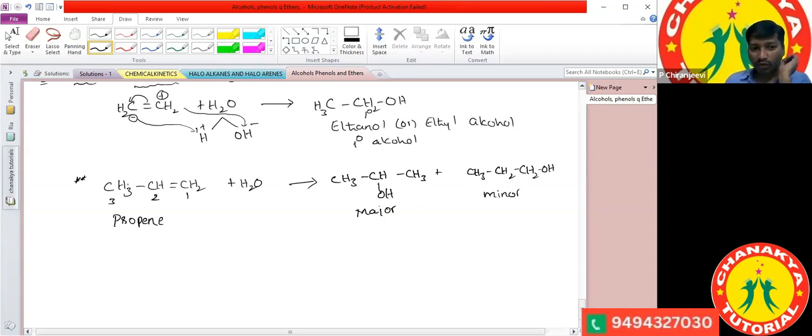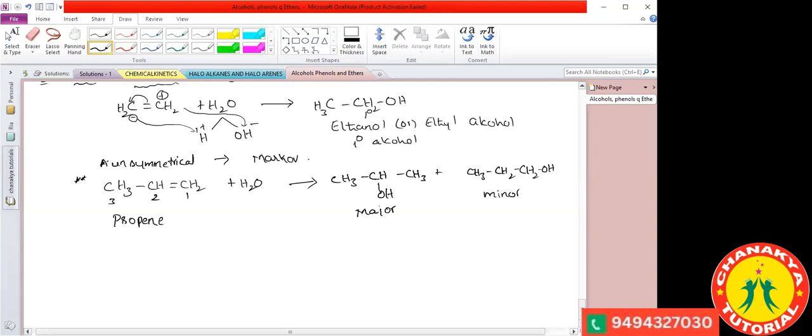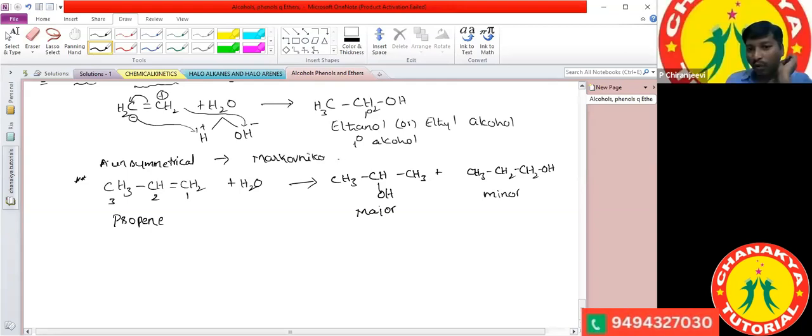Ritu, first of all, the given alkene is an unsymmetrical alkene. When unsymmetrical alkenes undergo the addition reaction, they follow the Markovnikov rule. So what is meant by the Markovnikov rule?